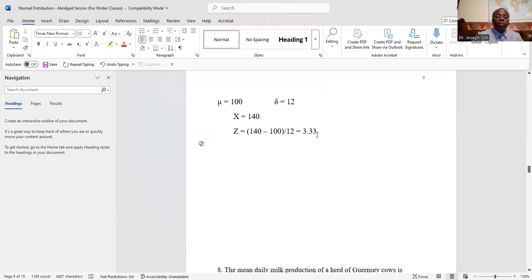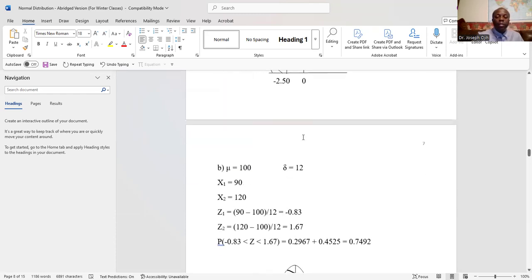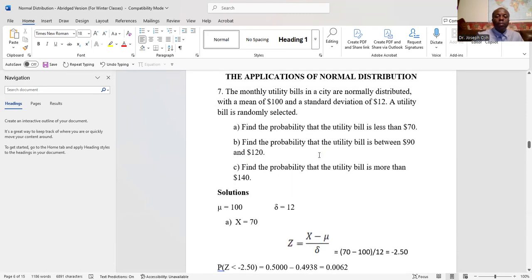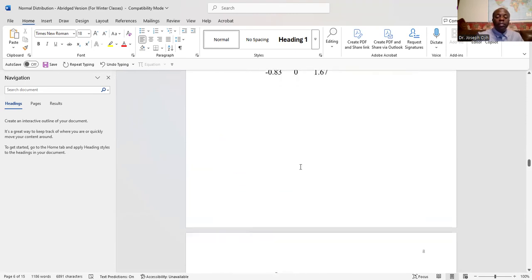the probability that the utility bill Z is more than, right? It says more than, I believe. Let me see. Yeah, more than. So for more than, you have to put the greater than symbol this time.